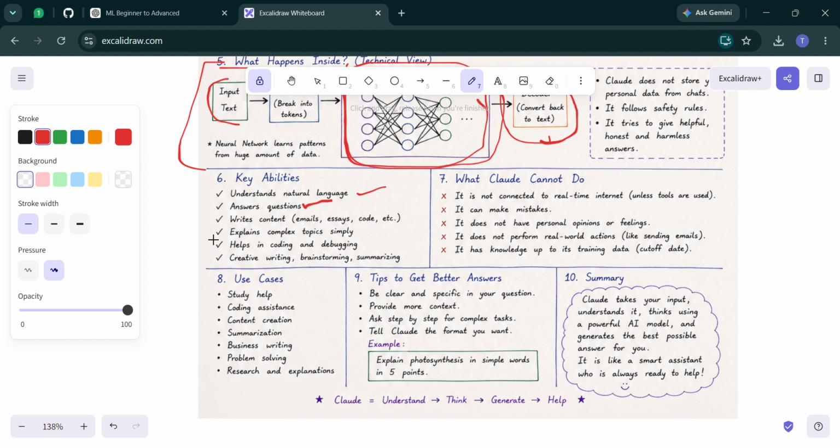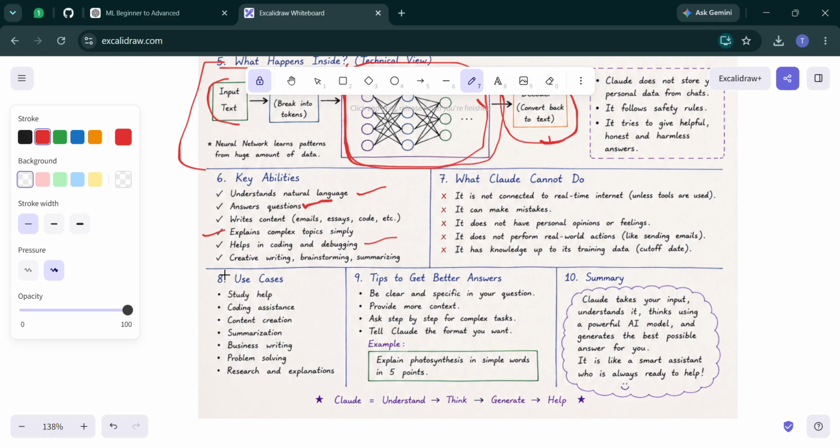It can also explain complex topics simply. You can provide complex documents and ask it to make them simple. It also helps in coding and debugging.